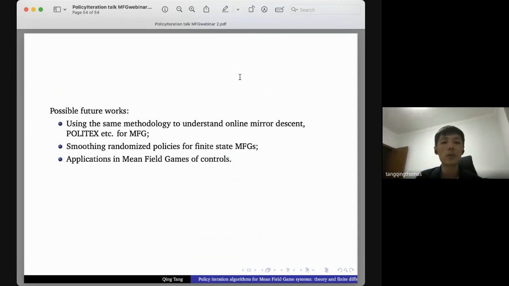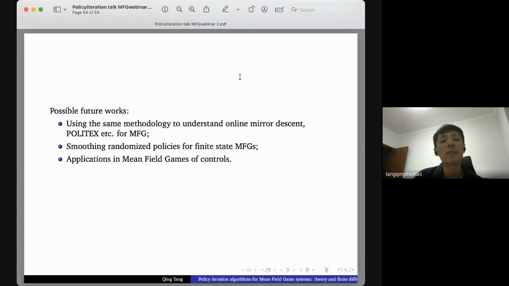For possible future work, I think it'll be interesting to see how this methodology is related to online mirror descent or Boltzmann-type updates, which are different methods for smoothing the policy updates. Also, what happens if we study finite state MFGs? If the policies are randomized, we cannot use simple averaging, because the meaning of a policy is no longer the same as in the PDE case.